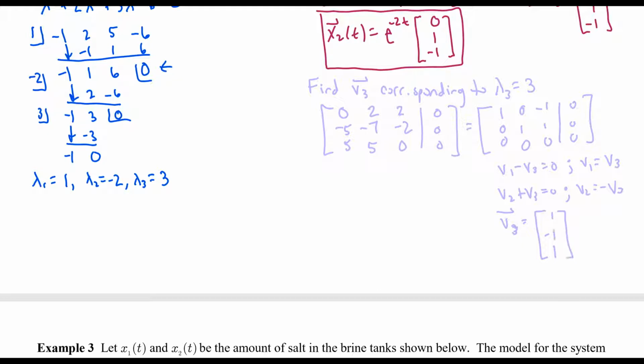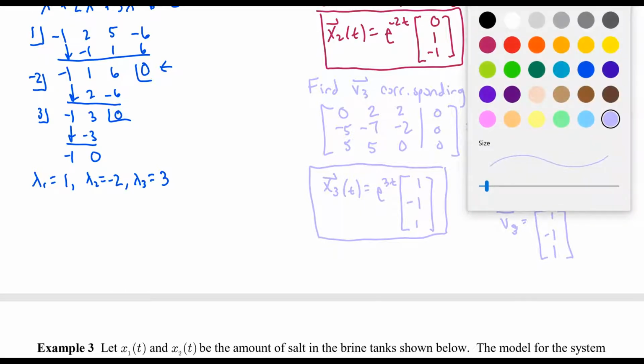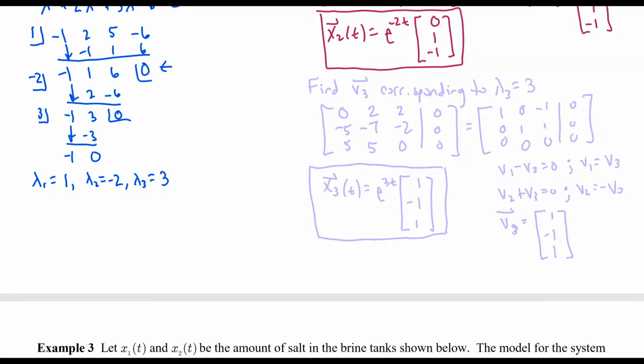So our third particular solution is e to the 3t times eigenvector 1, negative 1, and 1. So we have 3 linearly independent particular solutions, so we can assimilate these to make our general solution.